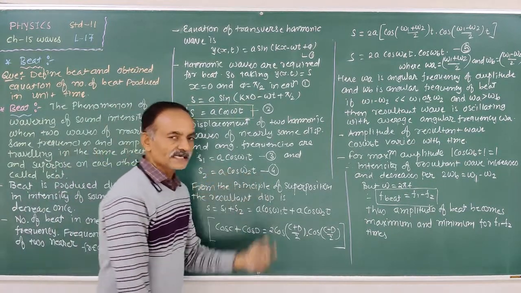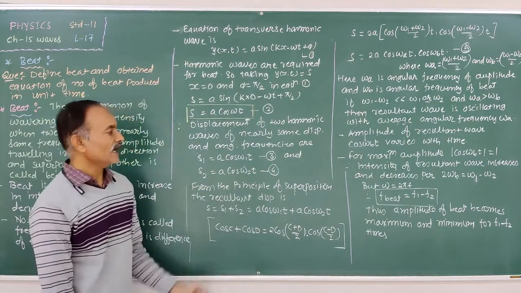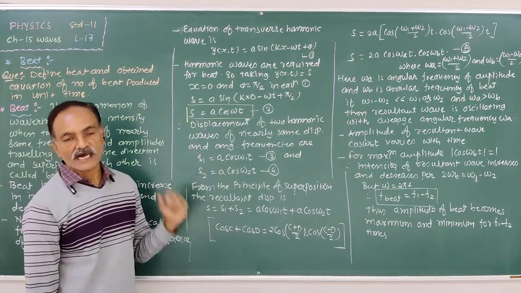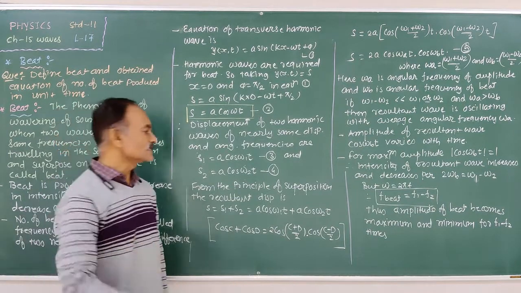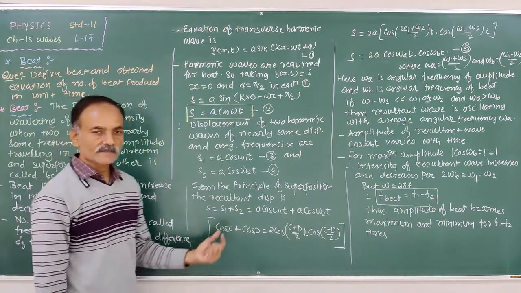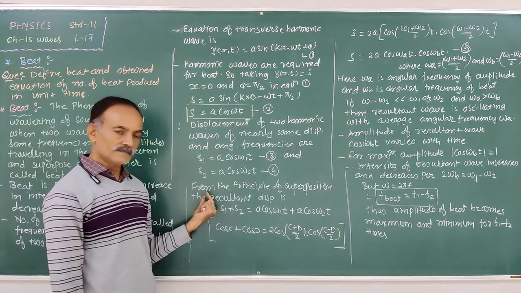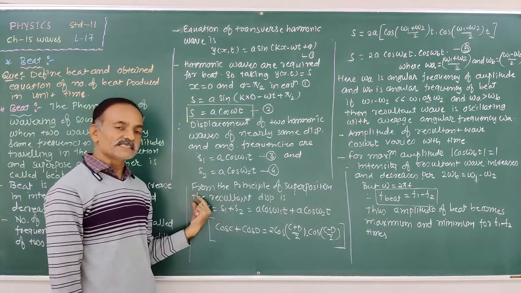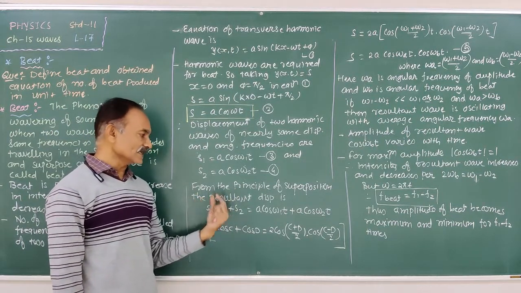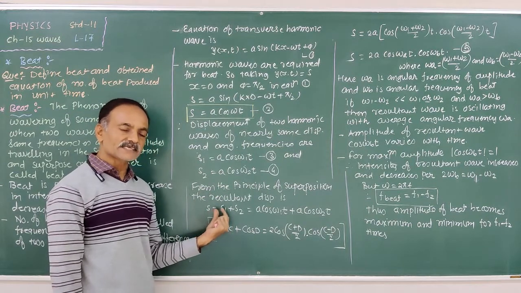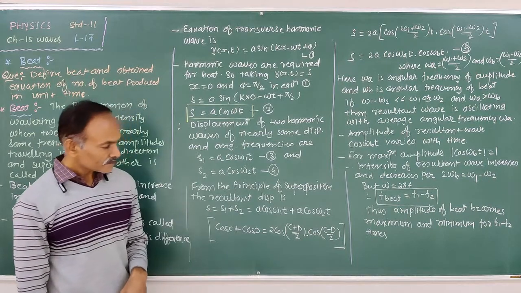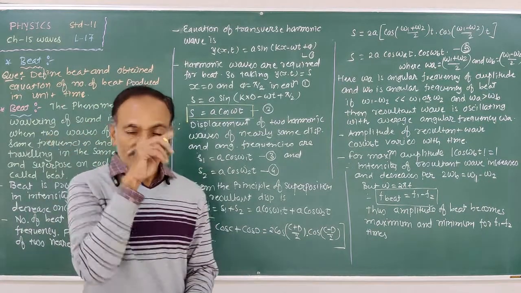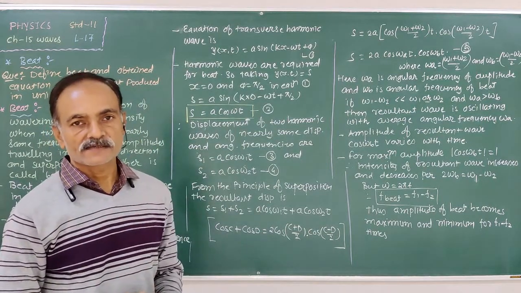These two waves are traveling in the same direction, and during this propagation, they are superposed on each other. Therefore, from the principle of superposition, the resultant displacement is S is equal to S1 plus S2. Already we know the principle of superposition, right?